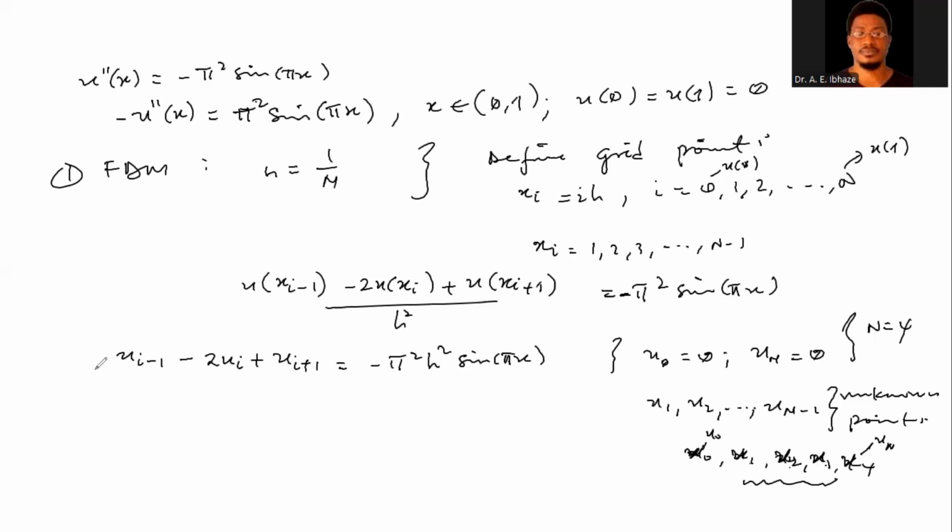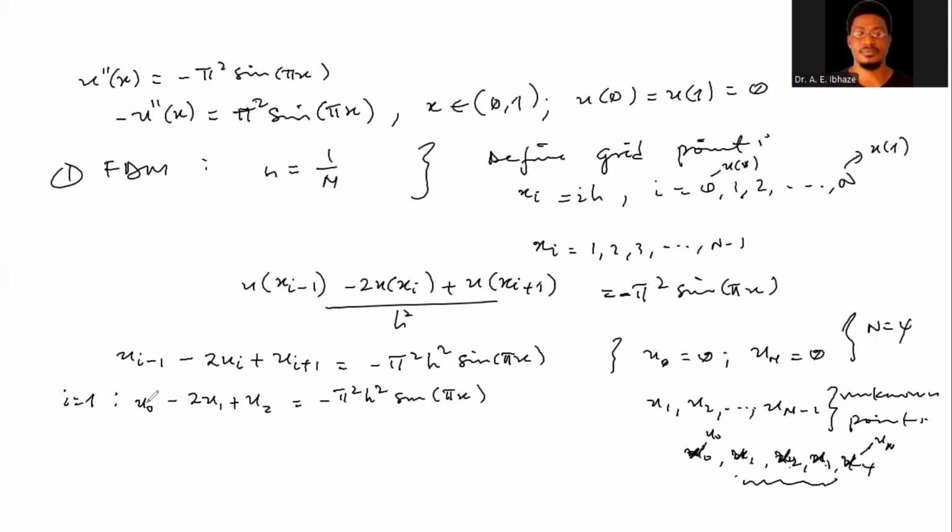And so when i is the same as 1, we have u_0 minus 2u_1 plus u_2 is the same as negative pi squared h squared sine pi x.